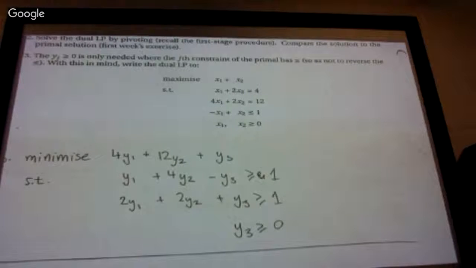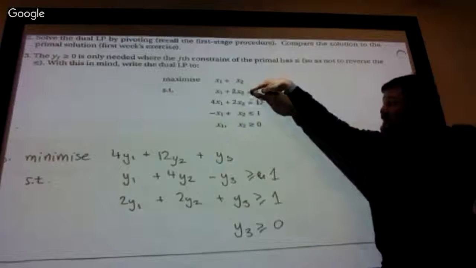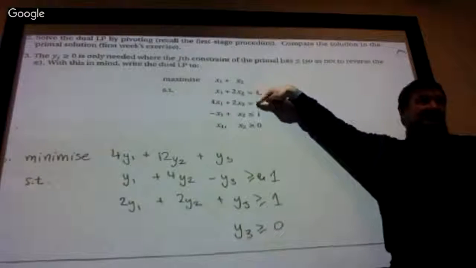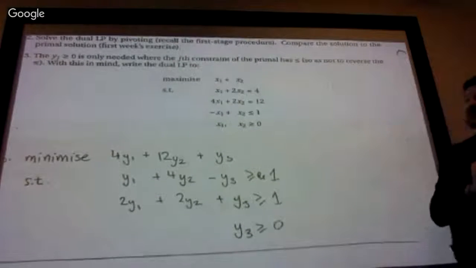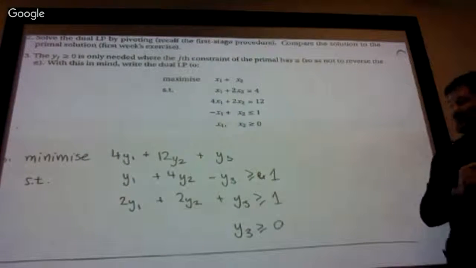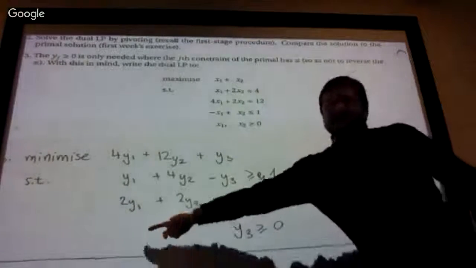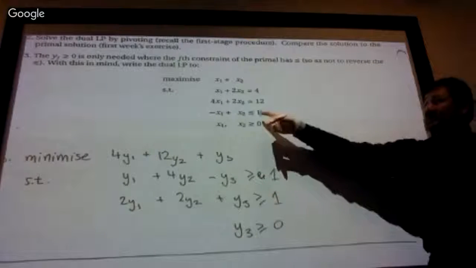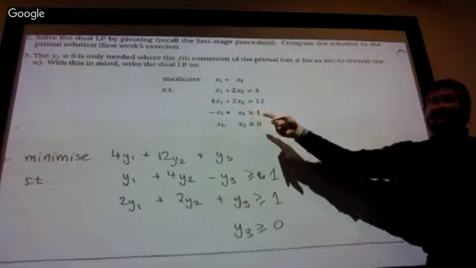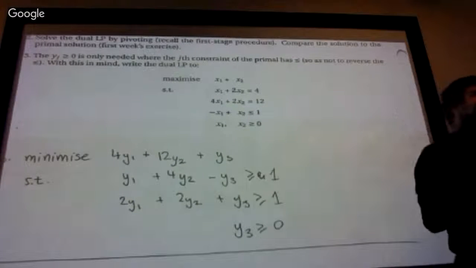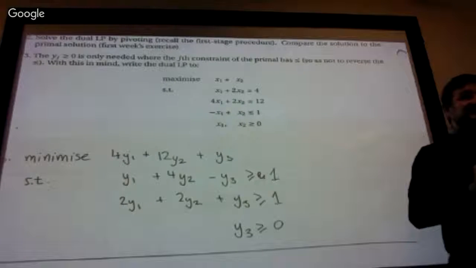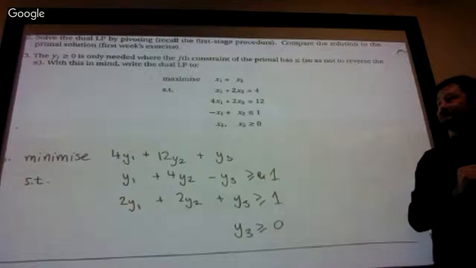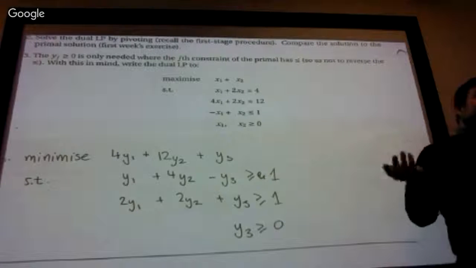The only thing that's new is when you have an equality constraint, rather than a less than or equal, you don't ask for y1 and y2 to be non-negative. We need y3 to be non-negative because it's less than or equal to, but y1 and y2 can be negative if they want to. Why is that?